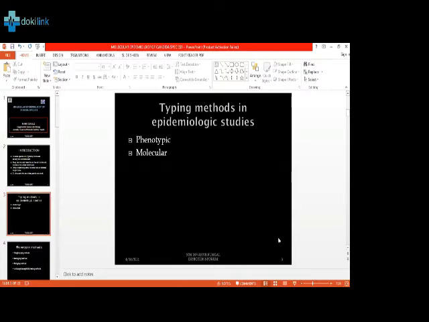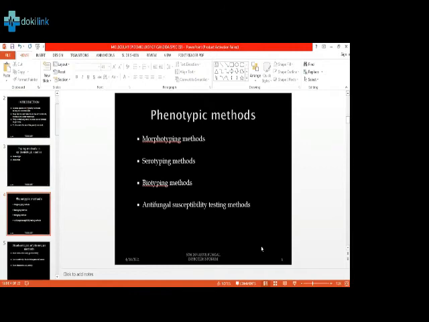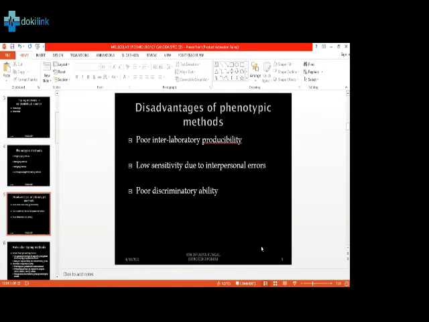The typing methods in epidemiological studies are phenotypic methods and the molecular methods. The phenotypic methods could be morphotyping, serotyping, biotyping, and antifungal susceptibility testing methods.